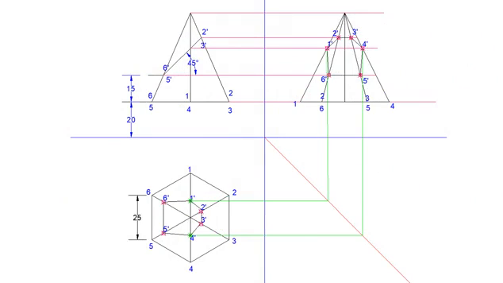So remember, everything is still in construction line, including the crosshairs, including the 45 degrees line, the labeling, and so on and so forth.